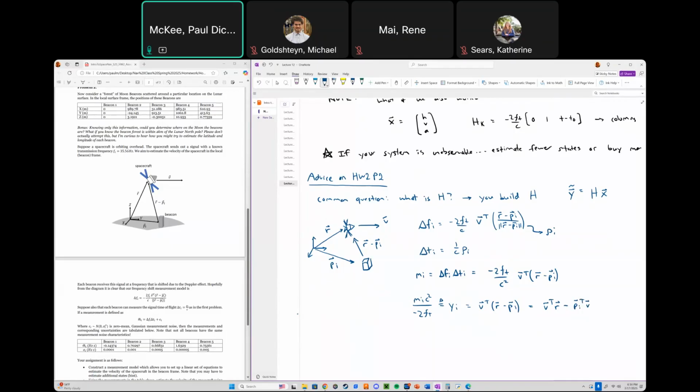Okay. So then if we say y_i with some noise is m_i with some noise squared over -2 f_t, that is 1, -p_i transpose, times velocity transpose r, velocity.